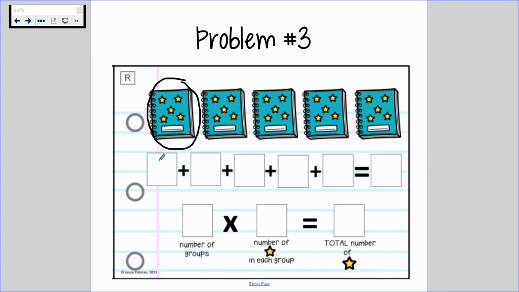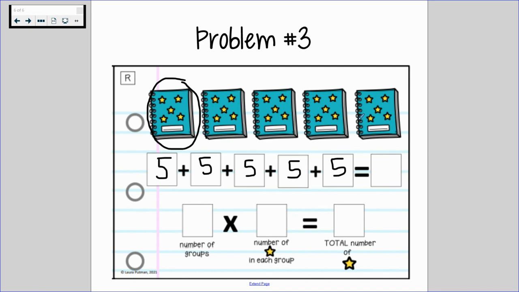So I could say 5 plus 5. I'm just counting the stars now. I'm focusing on those. Plus 5 plus 5 plus 5. Okay, because there's 5 stars in each notebook. So I could count up all the stars, or they have learned skip counting.